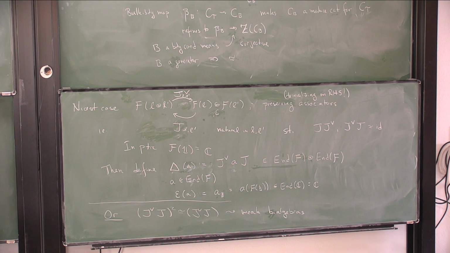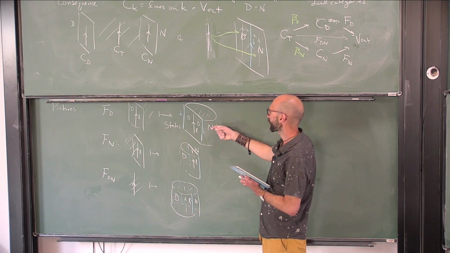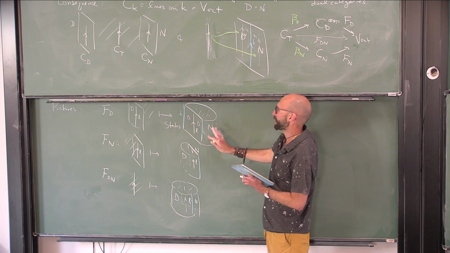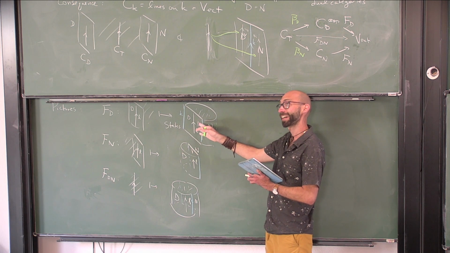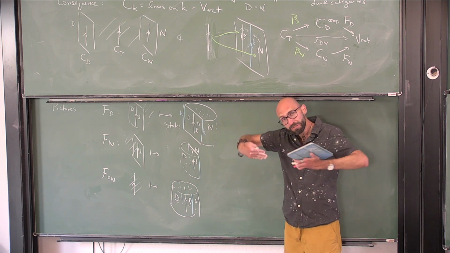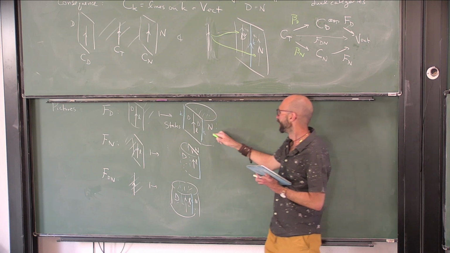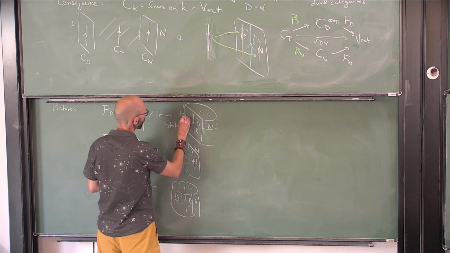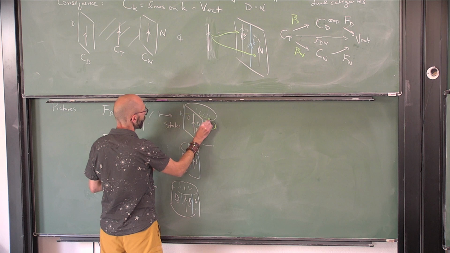So if I cap off a line on D, natural transformations of this functor are operators with fixed time extent that live anywhere except the line that I've touched, the line that I've capped off. So I'm not allowed to touch that line. And any such operator can be moved away topologically onto the end boundary and is going to be supported on some big arc on the end boundary.